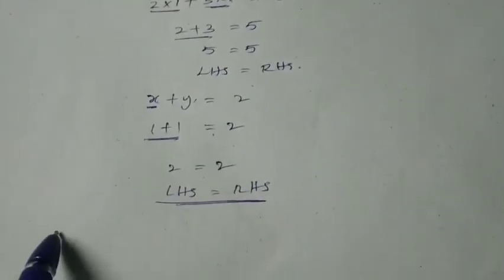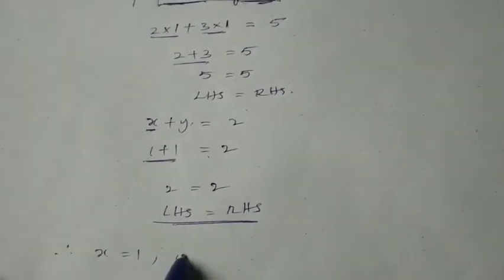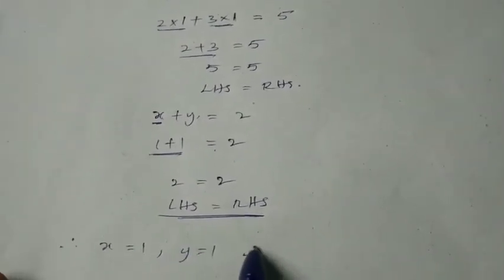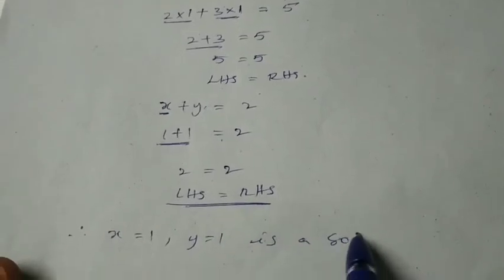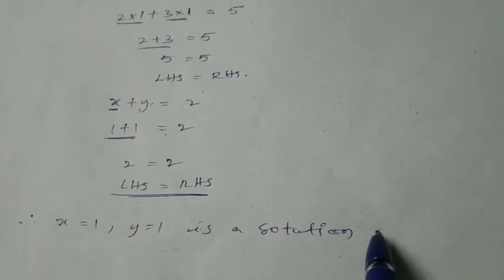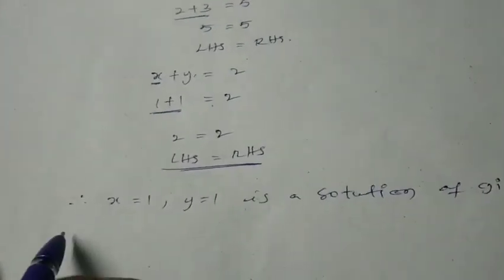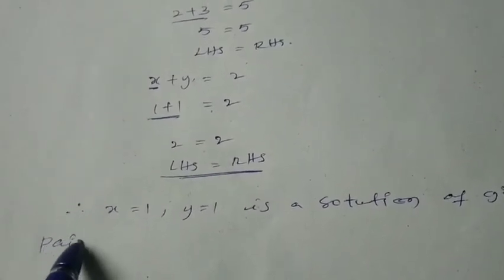We can write it like this. Therefore, x equal to 1, comma, y equal to 1 is a solution of the given pair of equations.